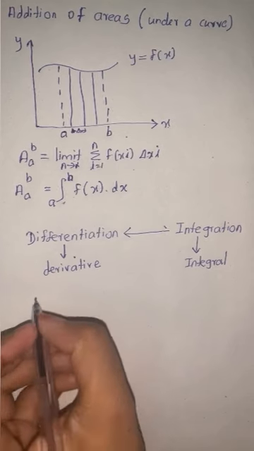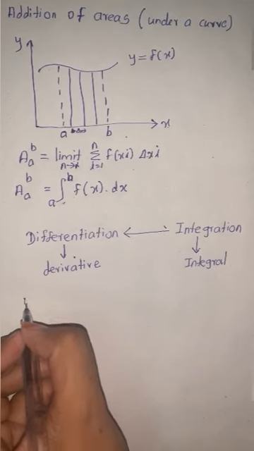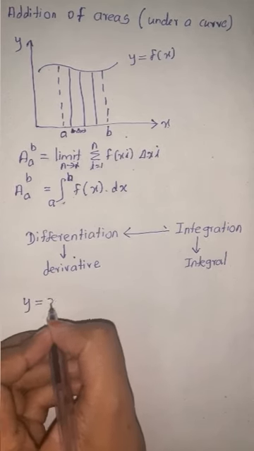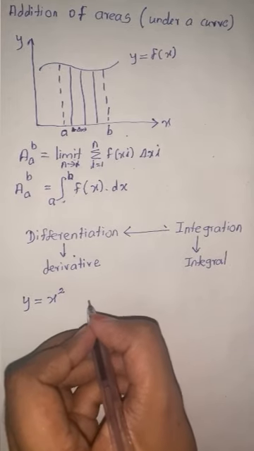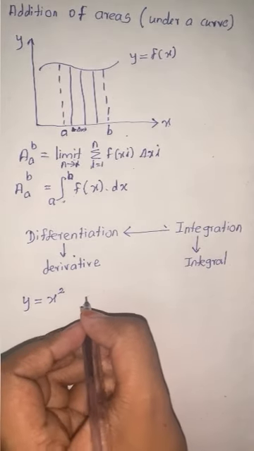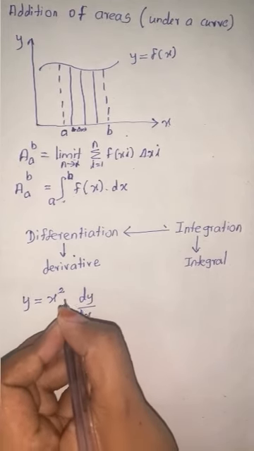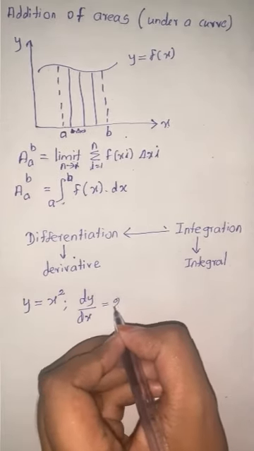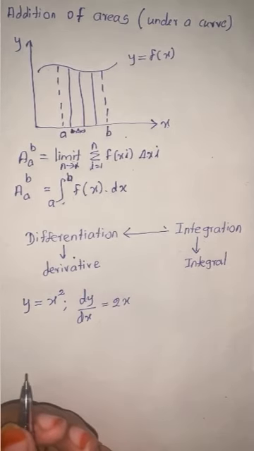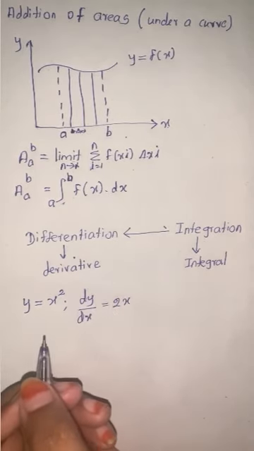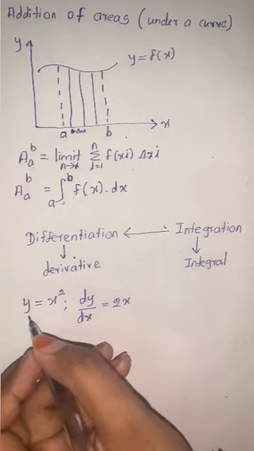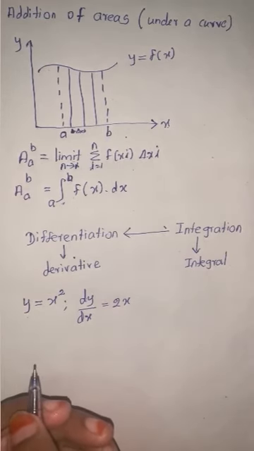Next we are going to see the difference between differentiation and integration. We know if we write y is equal to x squared, then dy by dx is 2x. This is differentiation, a method we already know.